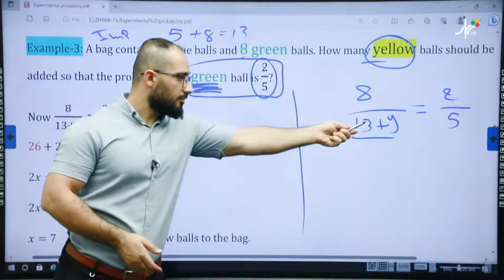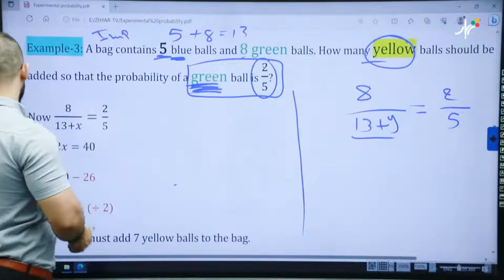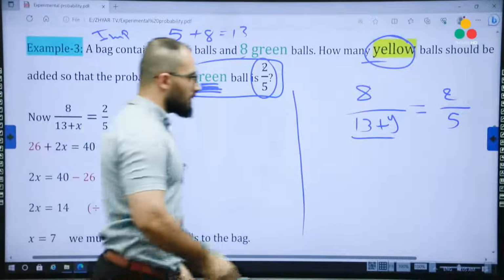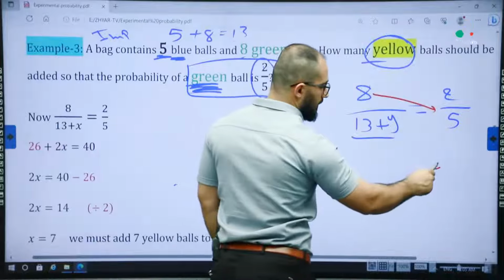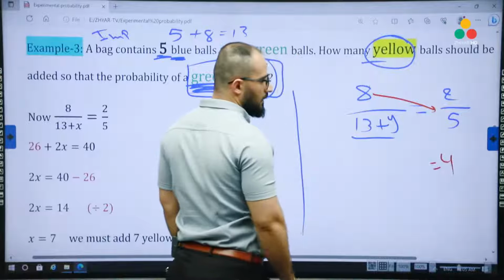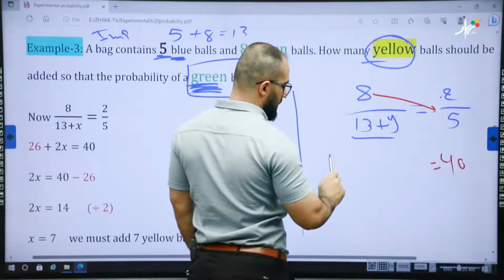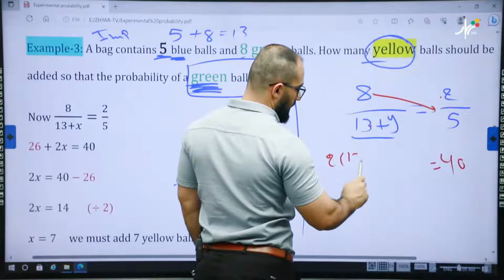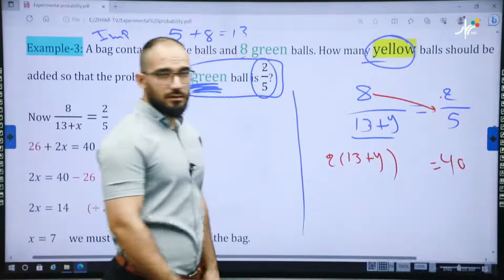Then you have to find the number of yellow, that is y. How to find it? We are going to use cross product. Here, 8 times 5, it's going to be 40, and then 2 times 13 plus y. So we have that equation.